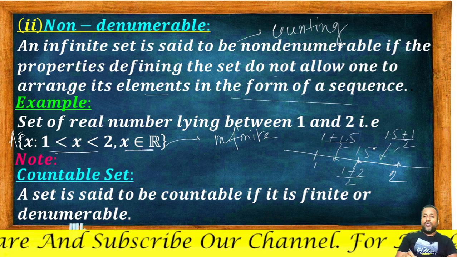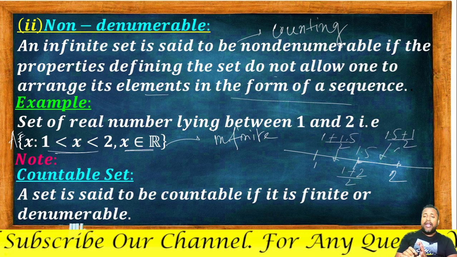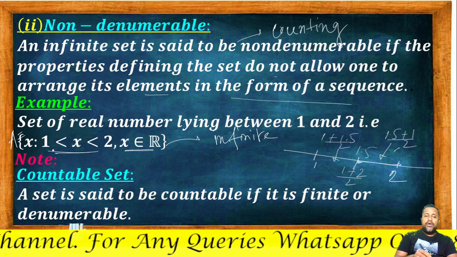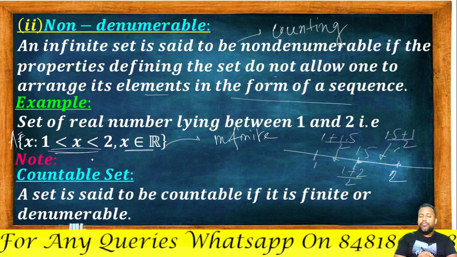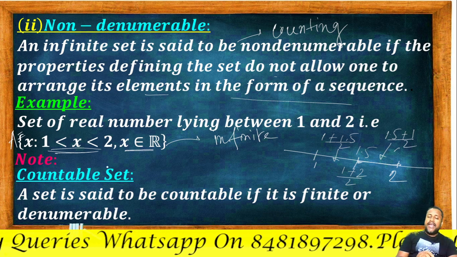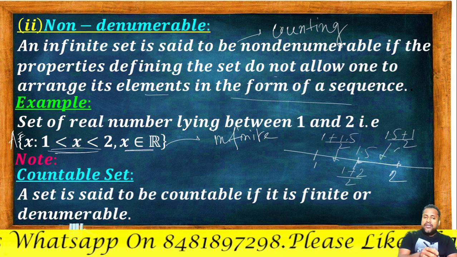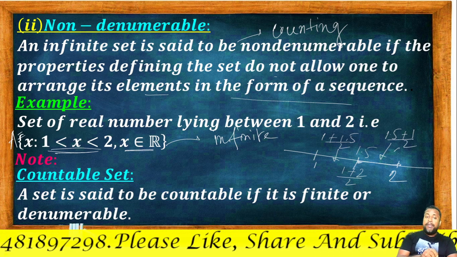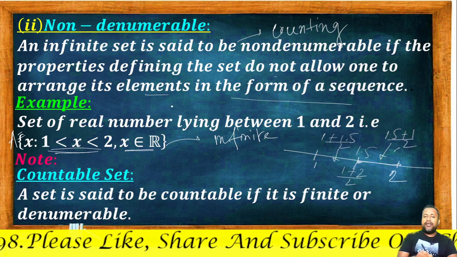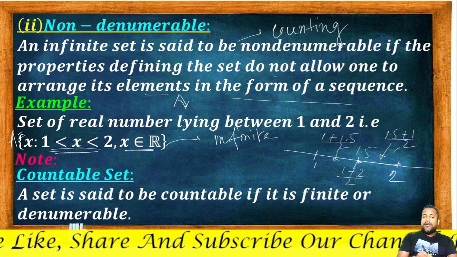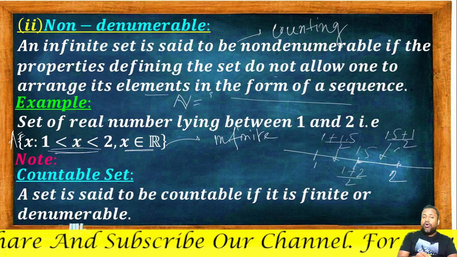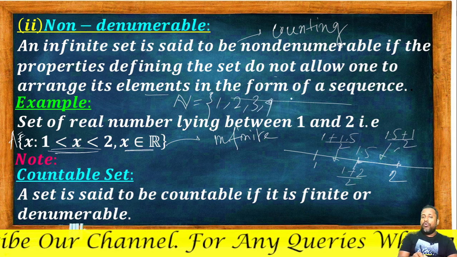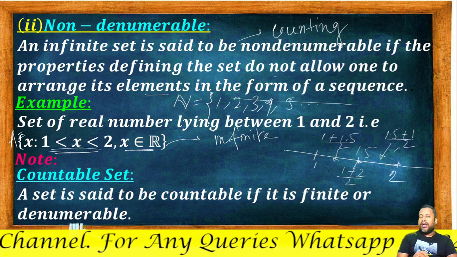So in this way we cannot count the elements of the set, so it is actually a non-denumerable set. See, the set of natural numbers and this set are both infinite sets, but in the set of natural numbers we can count the elements of the set, that is 1, 2, 3, 4, 5 by ordinary counting.